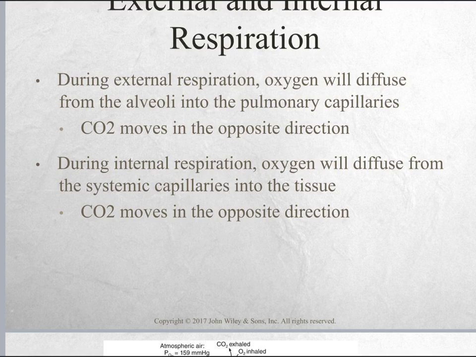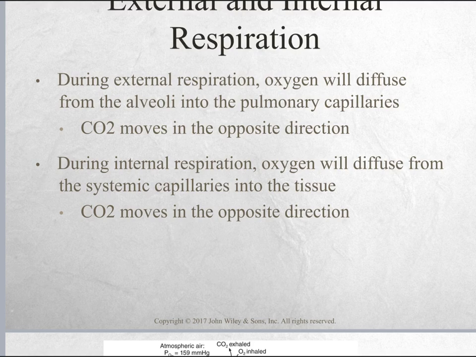During internal respiration, we see the opposite. So oxygen is going to diffuse from the systemic capillaries into the tissue, and CO2 is going to move in the opposite direction. So again, to make this a little more simple, we see that we're going to have oxygen unloading into the tissue and CO2 loading back in the blood. So whether we're looking at the pulmonary level or systemic level, they are opposite, right?